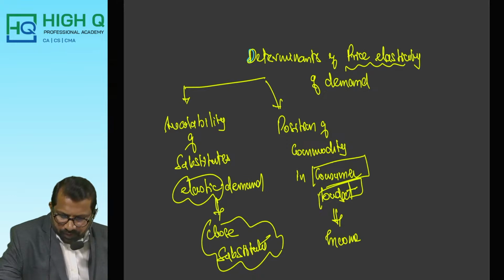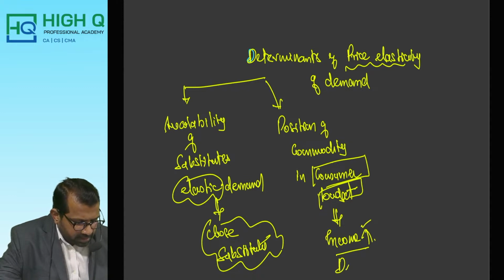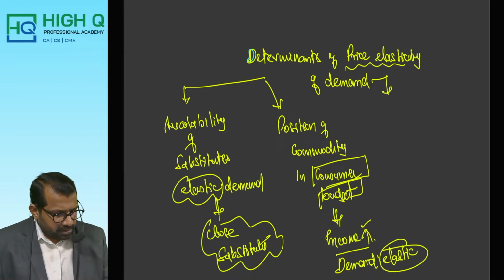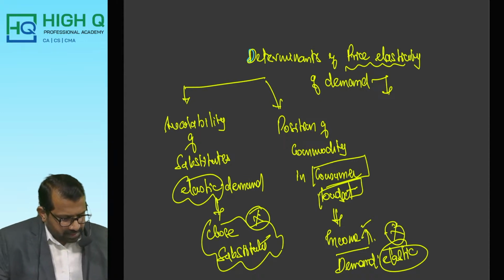The higher the proportion of income spent on a good, the higher the demand response, therefore it is elastic demand. So this represents elastic demand.